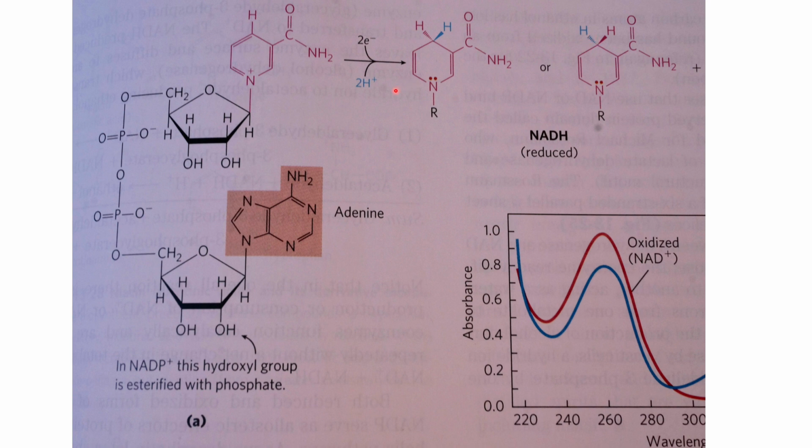Either way. So this is the reduction that occurs at this carbon here, and the electron pair sinks into this nitrogen right there. And this is the R group, which is there. And this can be quantified using spectroscopy with a decrease of the absorption at 260 as you go from the oxidized to the reduced form.